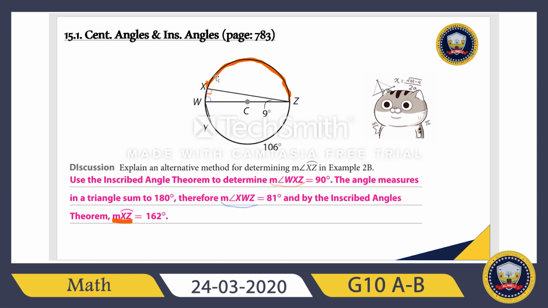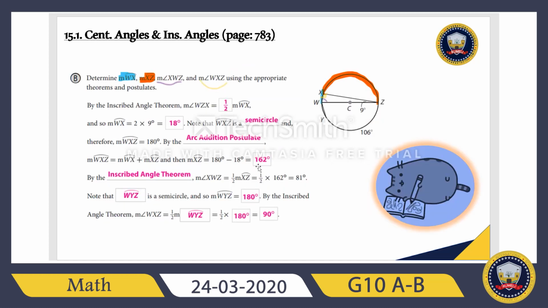Now, the arc XZ is an intercepted arc, so it will measure twice the inscribed angle. So it will be 2 times this angle, which is 2 times 81, that is 162, which is the same as the result we found here already.